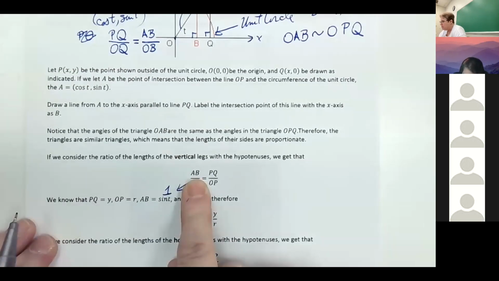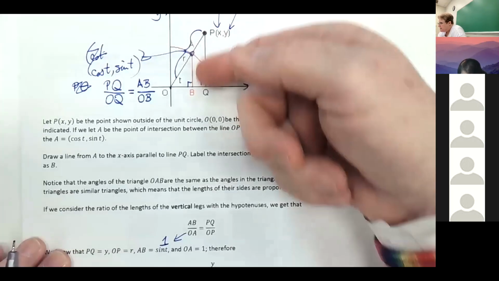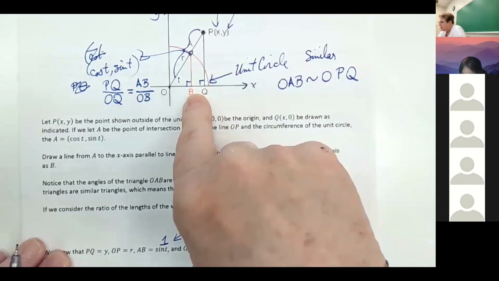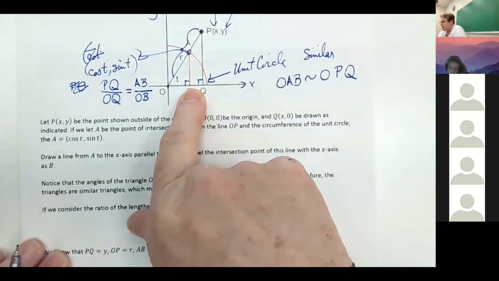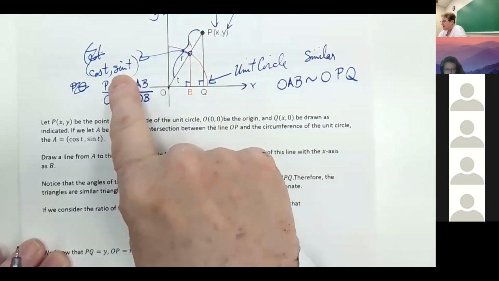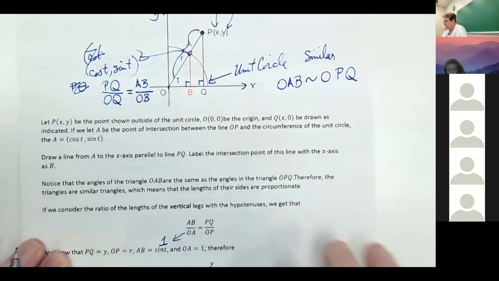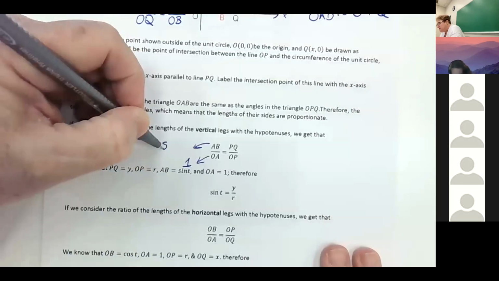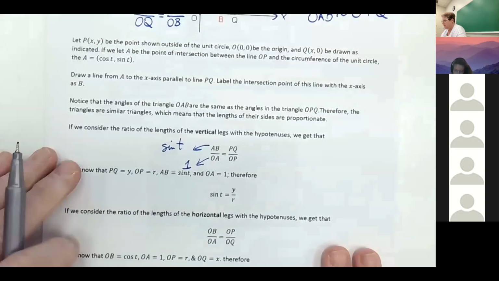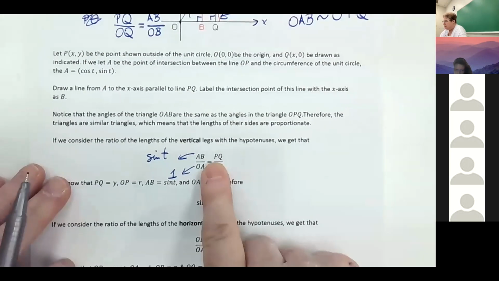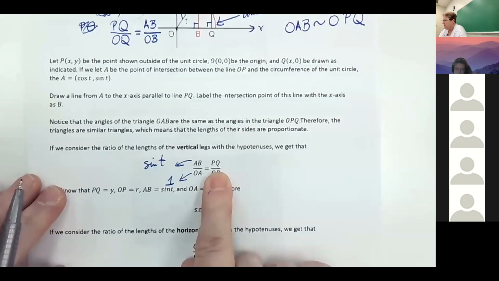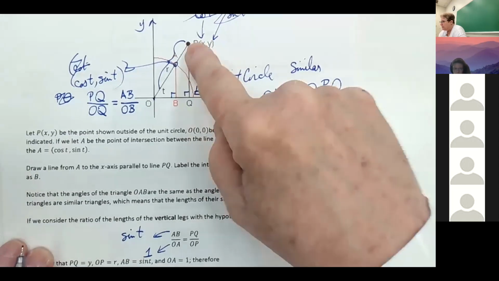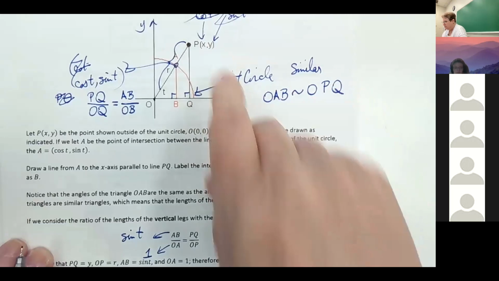AB, that's the vertical distance from A to the x-axis. And the vertical distance will be the sine. It'll be the y value. So AB is going to be the sine of T. PQ is a vertical distance, so it's going to be y.